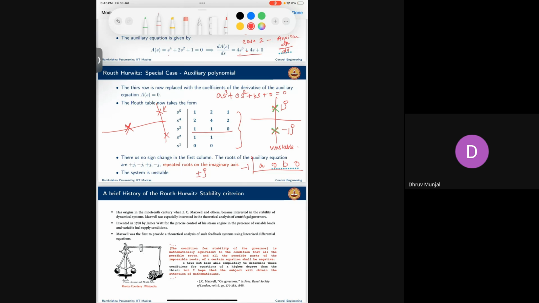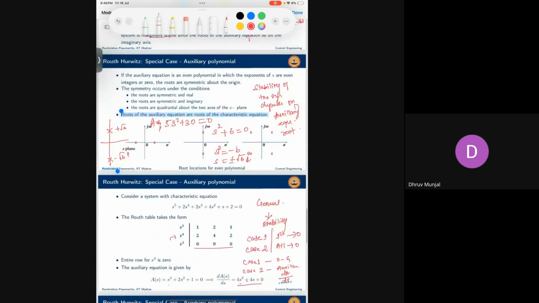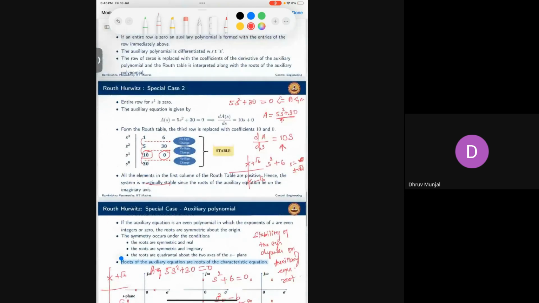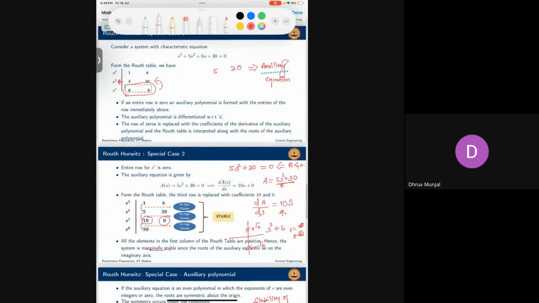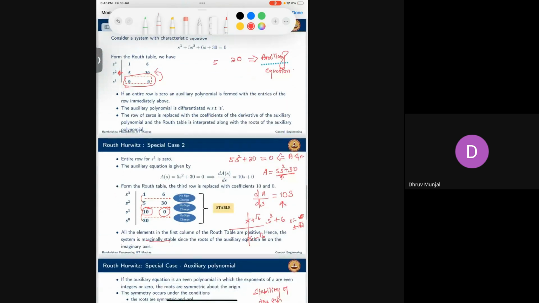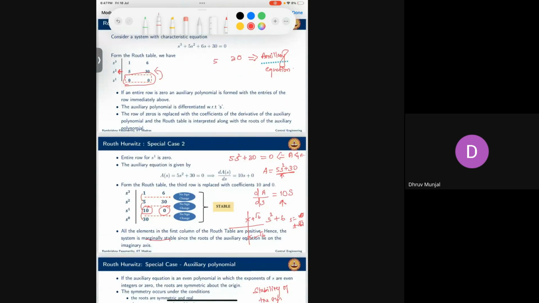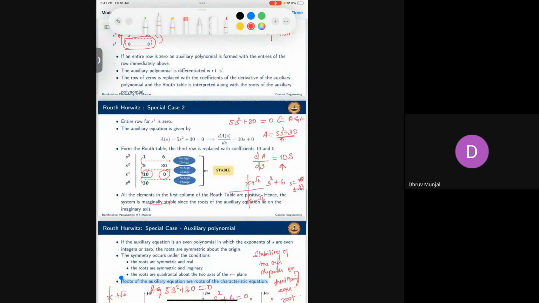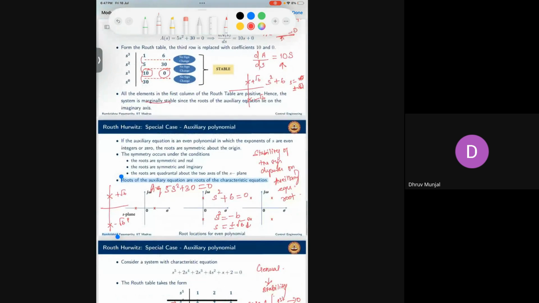Can you tell the page number? On this special case, auxiliary polynomial, this slide only. Yes, the third case: roots are quadrantal about the two axes of the s plane.